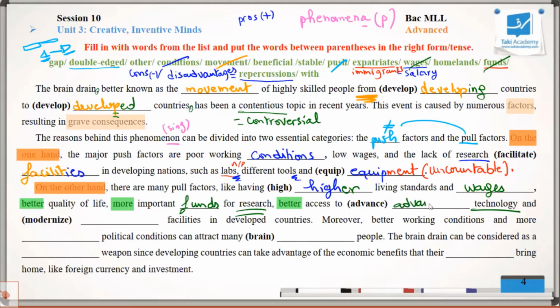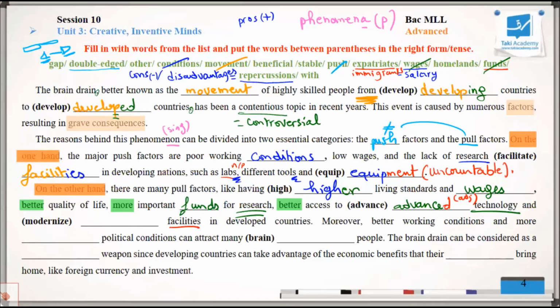So I need an adjective. Right, advanced. And modernized facilities, a noun, so I need an adjective as usual. Simply, it's just modern. Modern, very simple, don't complicate your lives.